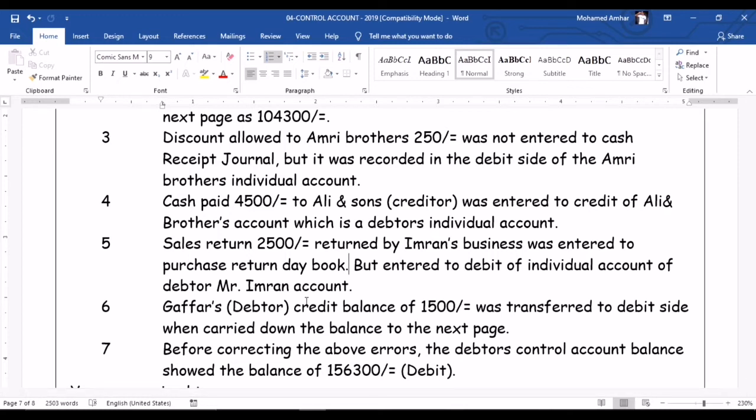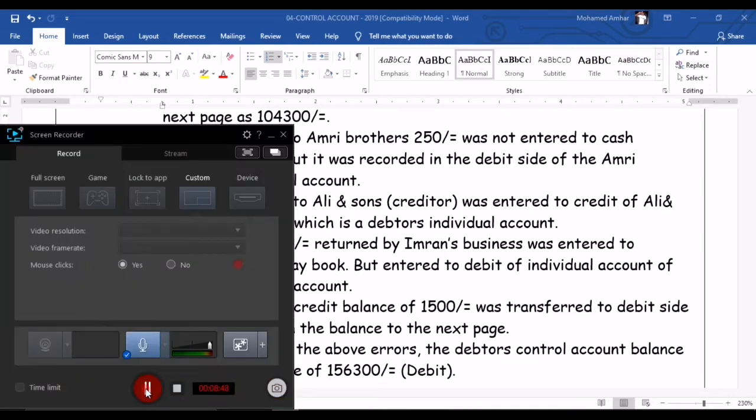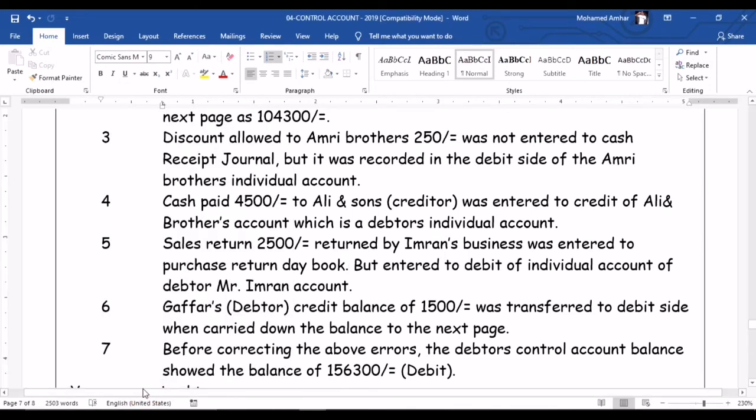If the credit entry is debited, what happens? The error will double.